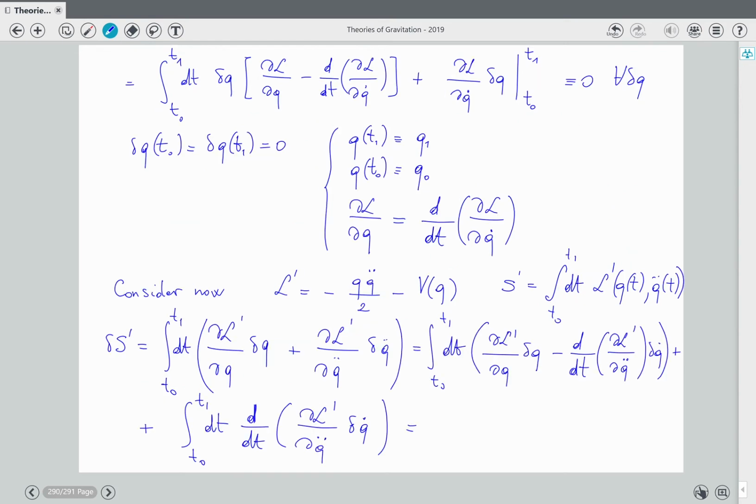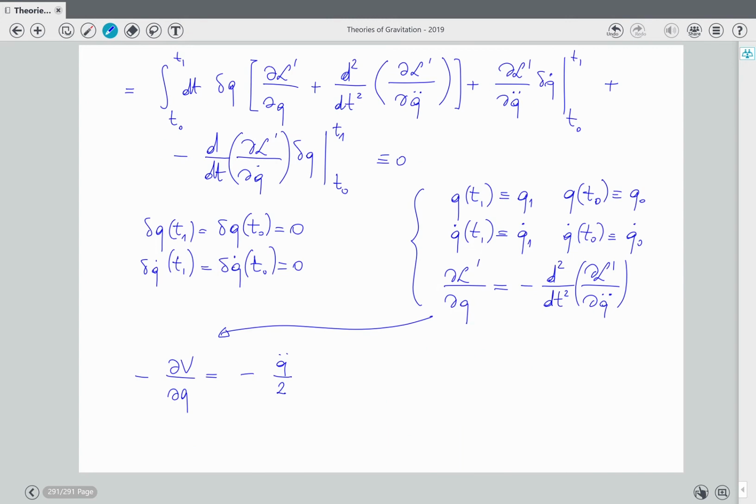But there is something here that is missing, because there is a factor 2. Oh yes, because I forgot the extra term in the Euler-Lagrange equations.